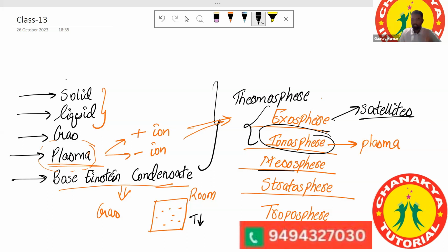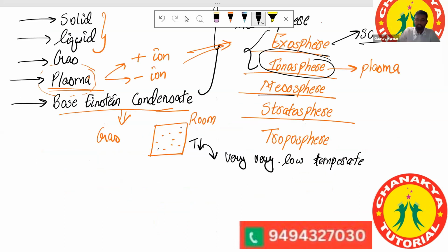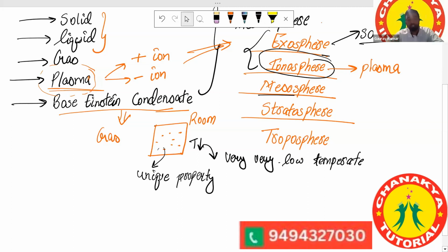So when a gas with very low concentration is taken and the temperature is decreased to very, very low temperature, then the particles of this gas will show unique properties. So this is the fifth state of matter.